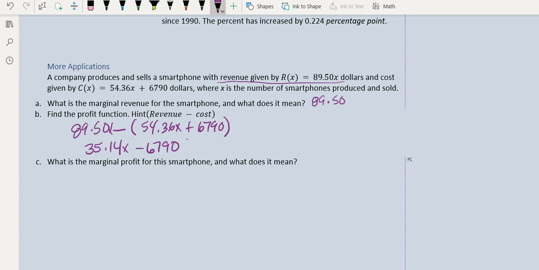So that would be our profit function. This is our profit function. Okay? Again, that's the revenue minus the cost.